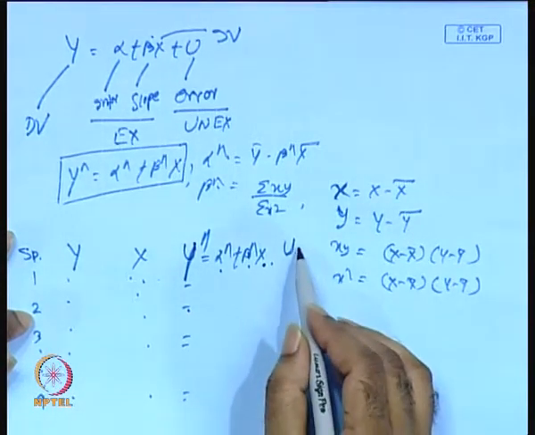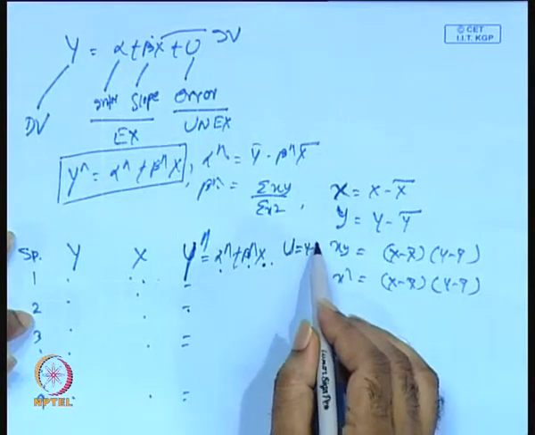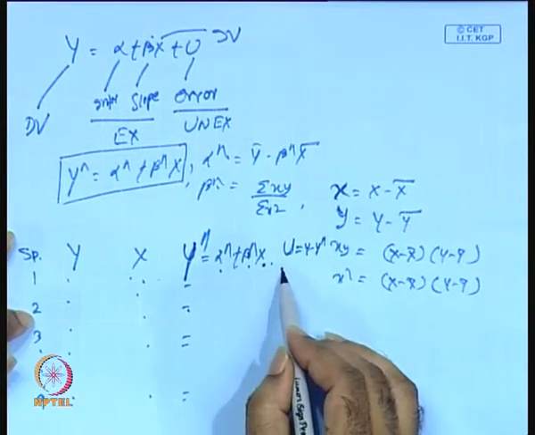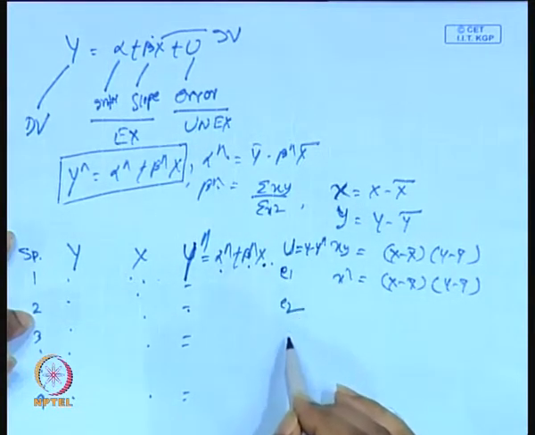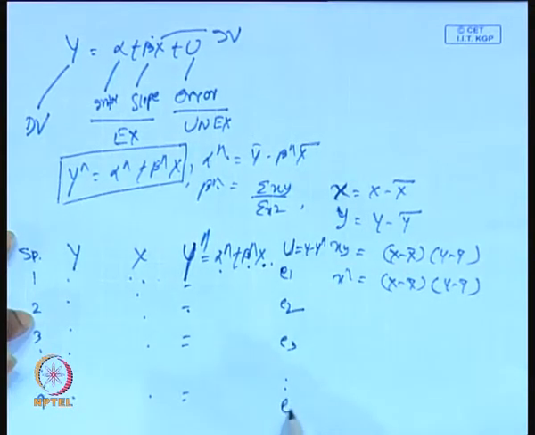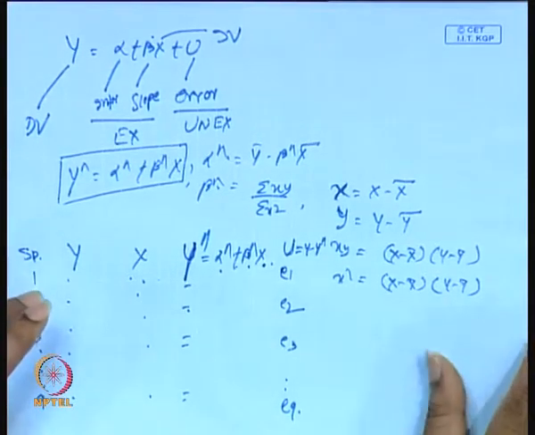Now how do we get u? u is nothing but y minus y hat. So, we call them e 1, e 2, e 3 up to e 9, and these are all called error items. Now we have to see what is the contribution of the error and what is the contribution of x towards y. This is our basic agenda behind this topic.